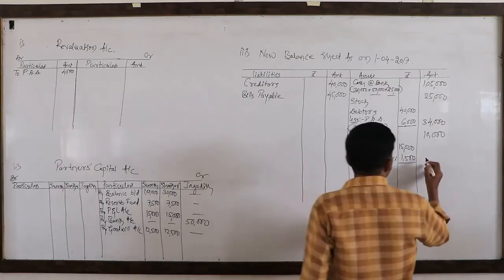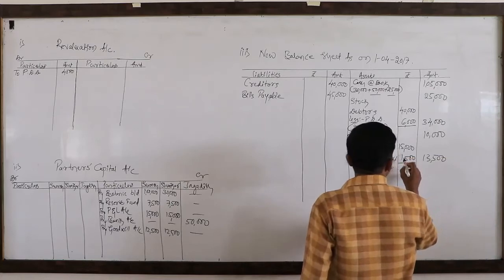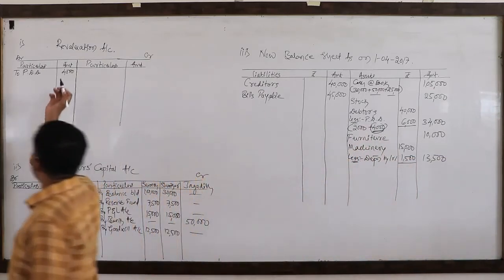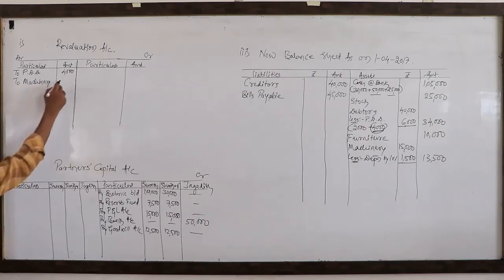So net machinery is 13,500. This is the loss. It is to be written on the debit side of the revaluation account. To machinery, rupees 1,500.